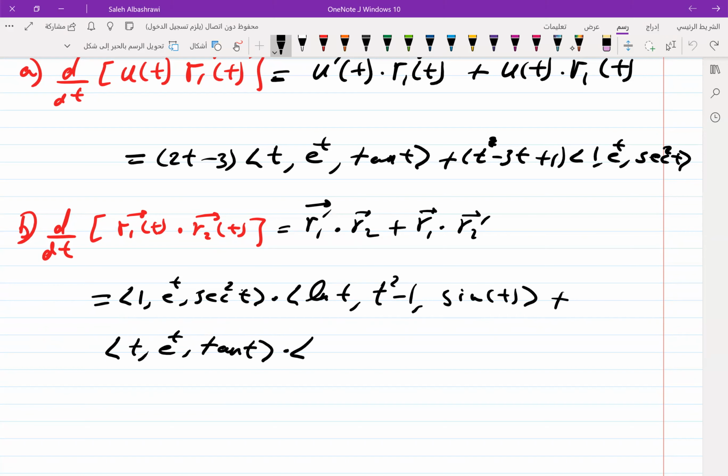Now the derivative of r2 is 1 over t, the derivative of ln of t equals 1 over t, the derivative of t square minus 1 will be 2t, the derivative of sine is cosine of t.